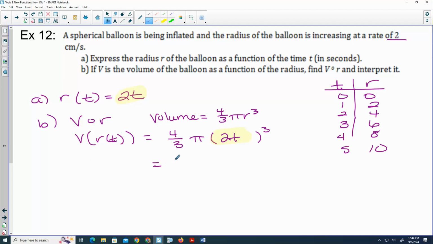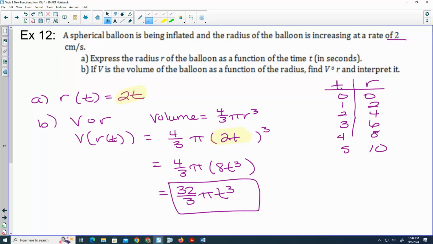If we simplify this, 2 to the third is 8t cubed. 8 times 4/3 would be 32 over 3 pi t cubed. So this is basically a formula for finding the volume at a given point in time.